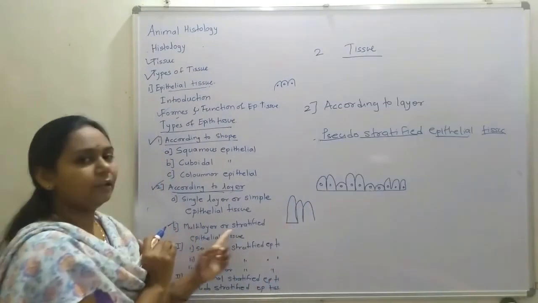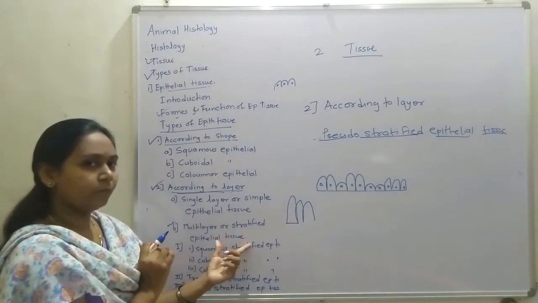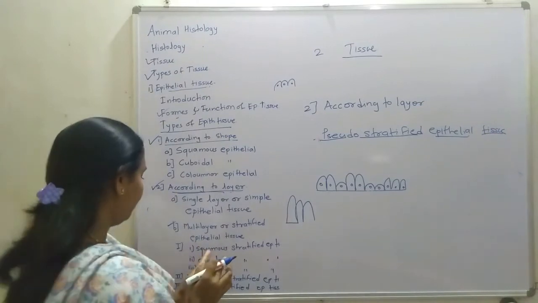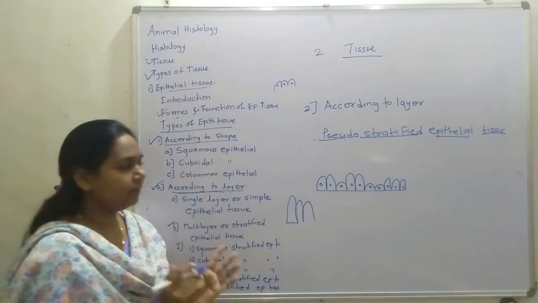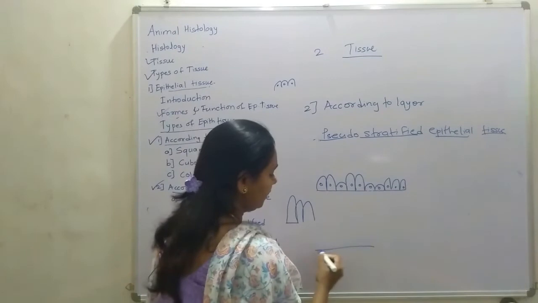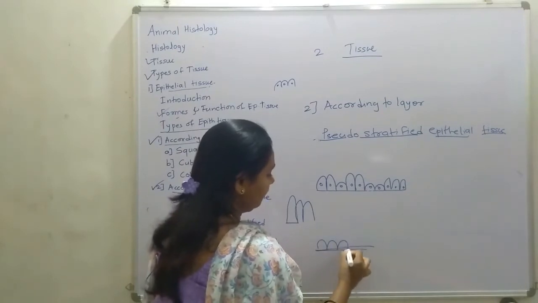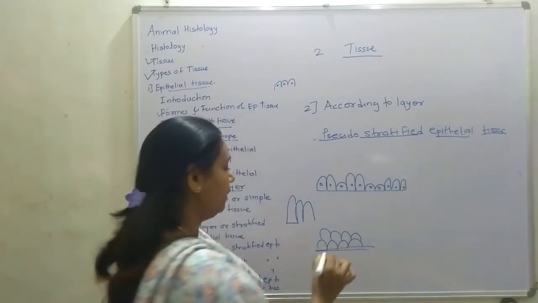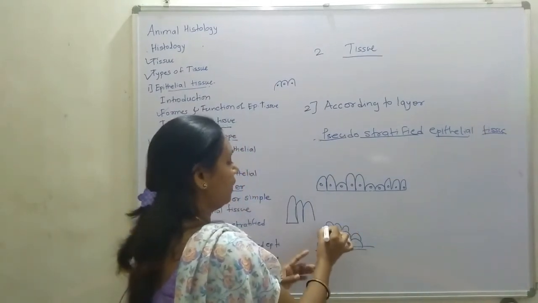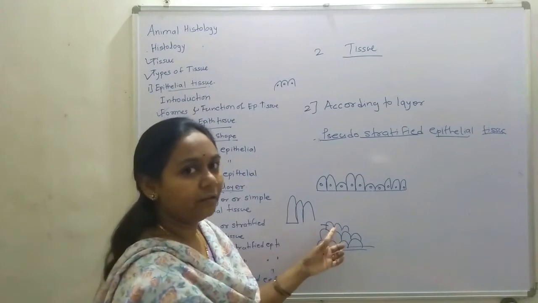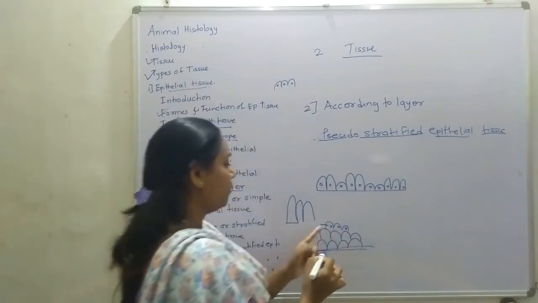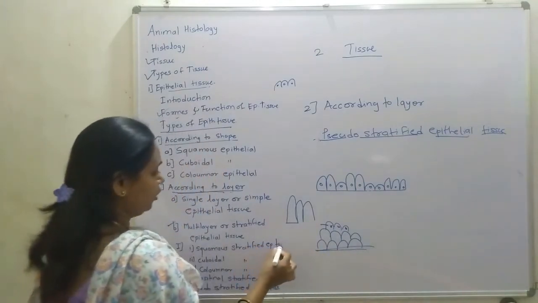Then multi-layer is stratified epithelial tissue. Multi-layer, it is in two forms. That is a three. What is multi-layer? First layer is present on the basement membrane. Second layer is not present on the basement membrane. Third, fourth, but the outer or the upper layer, which type of cell is present on the upper layer, that type of tissue is present.